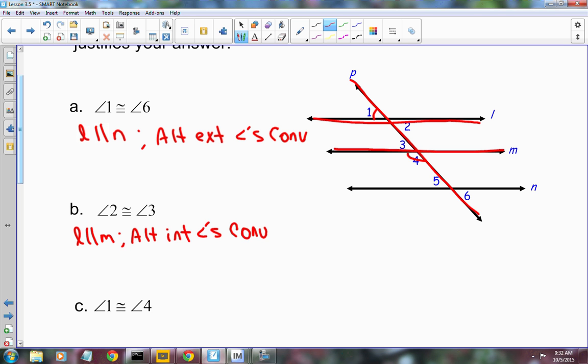What would be corresponding with 1? 3 would be corresponding with 1. What would be corresponding with 4? Well, actually, we don't even have a number. It would be this little angle right there. Okay? So, is that sufficient to prove parallel lines? No. There's not a special angle relationship there. So, my answer would be no parallel lines.